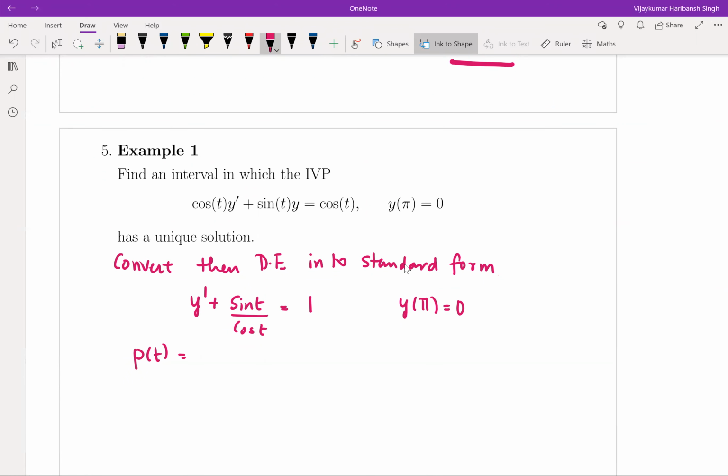Now, what does our theorem tell us? Our theorem tells us that wherever P of t and G of t are continuous is where we'll find our intervals on which the solution is continuous, right? So let's determine the region of continuity of P of t and G of t.